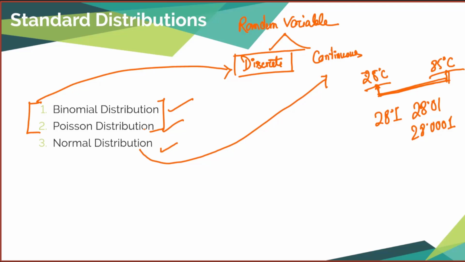This difference between binomial, Poisson and normal is very important, because whether it is discrete or continuous, the calculations also vary.